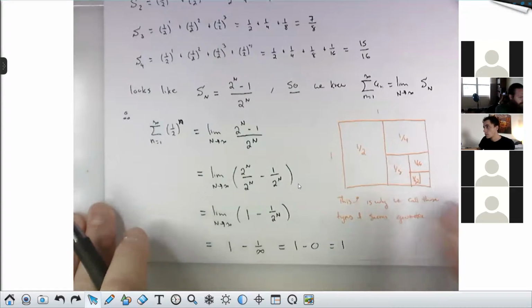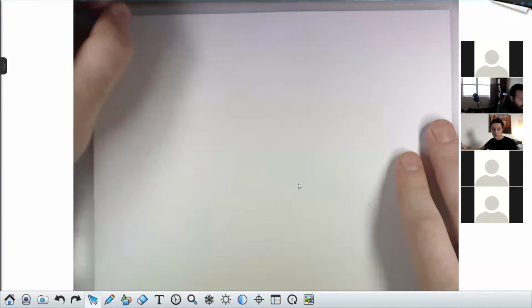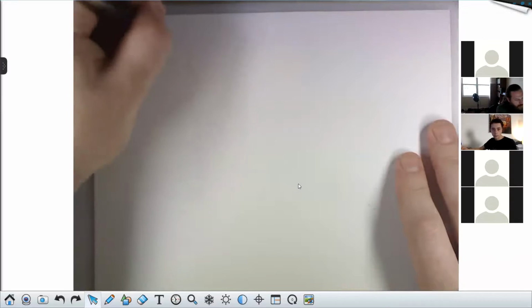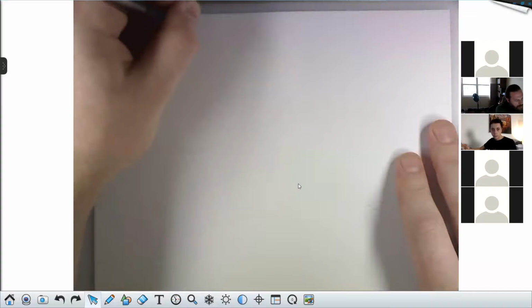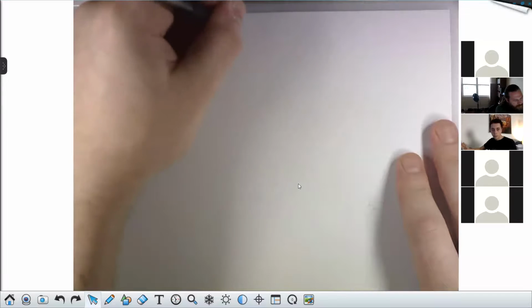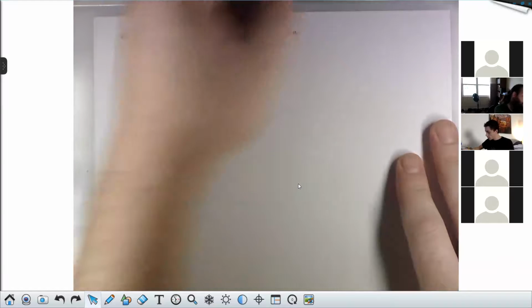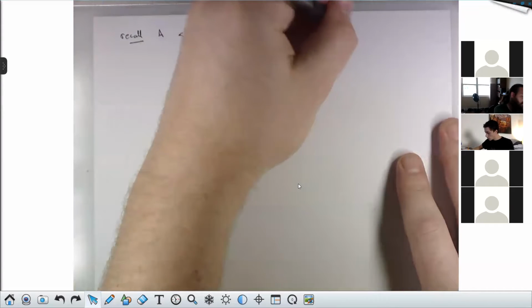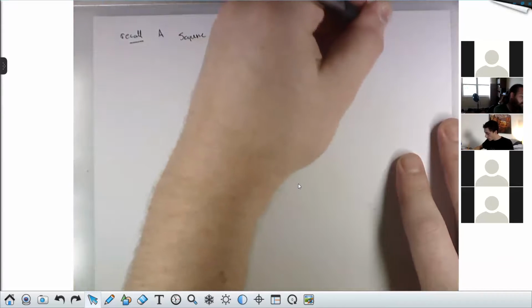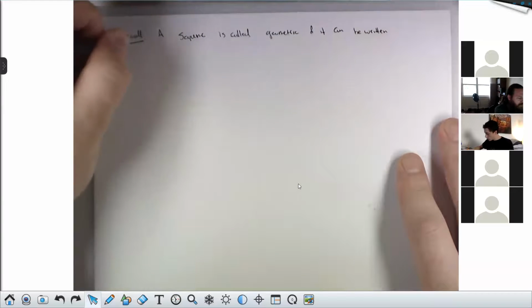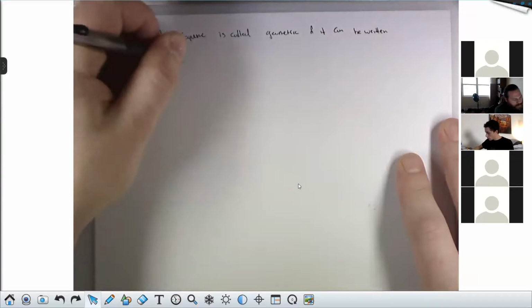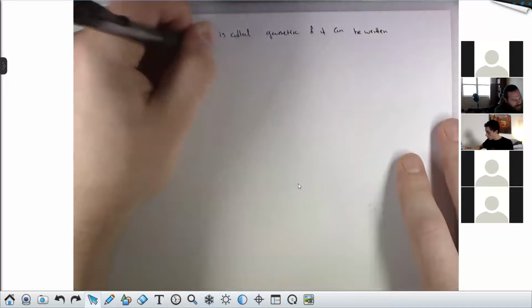What I do want to do now is show you what geometric series look like in general. So you remember what geometric sequences are. A sequence is geometric if it can be written as a_n equals a_0 times r to the n.